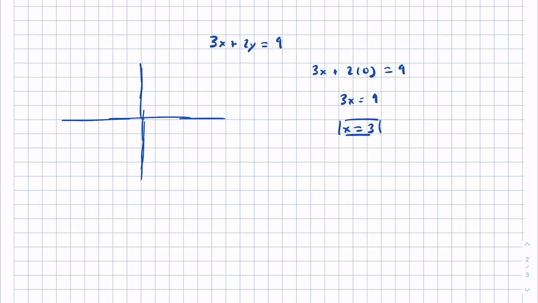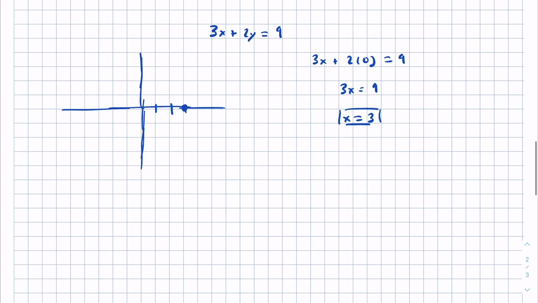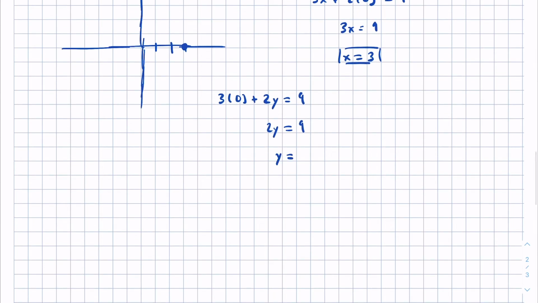So then what we do is we count 1, 2, 3 on the x, and we plot this point here. To find the y-intercept, we want to set the x value of the equation to 0. So then we have 3 times 0 plus 2y is equal to 9, which gives us 2y equal to 9, and then y will be 4.5.